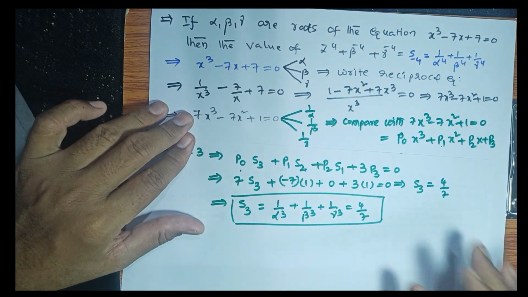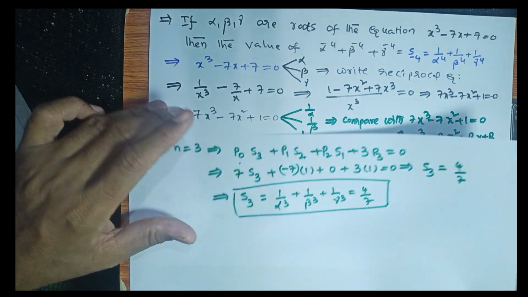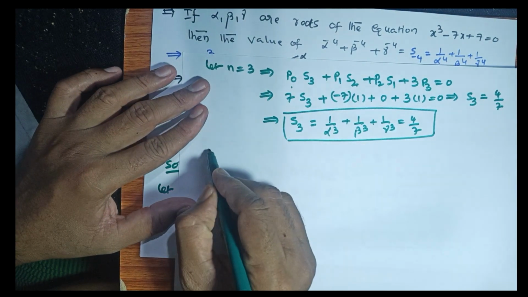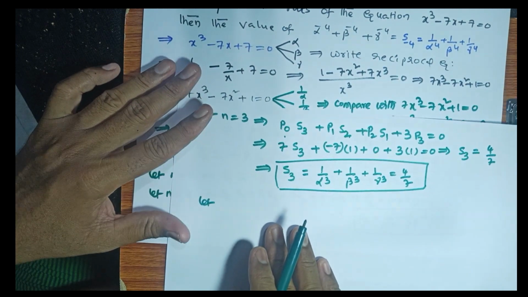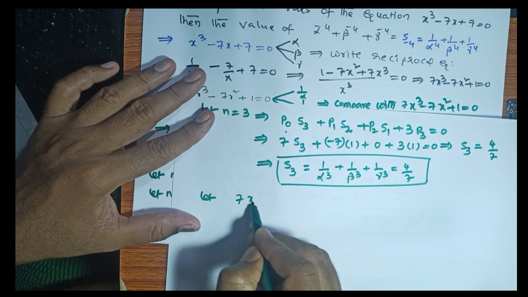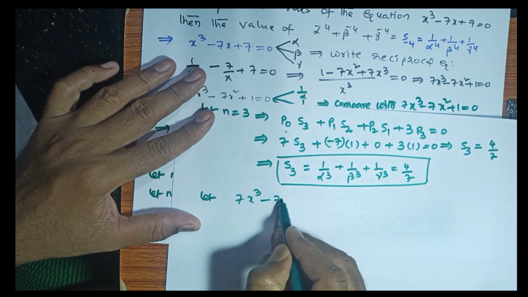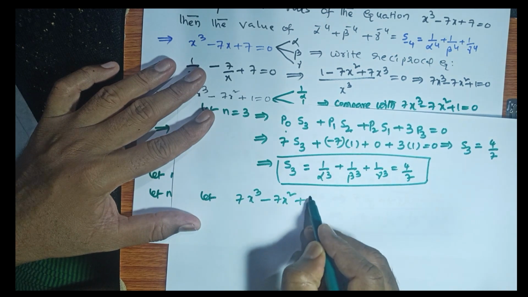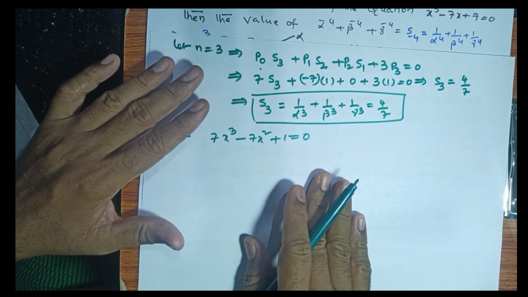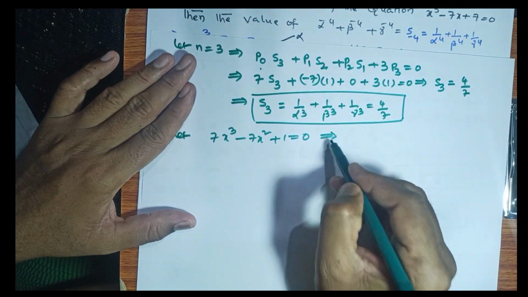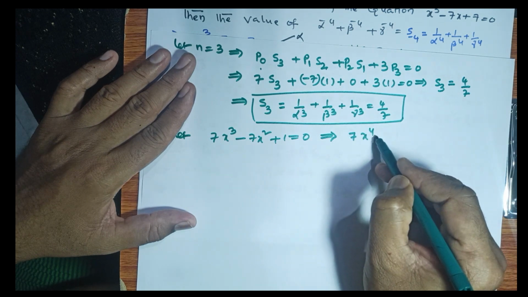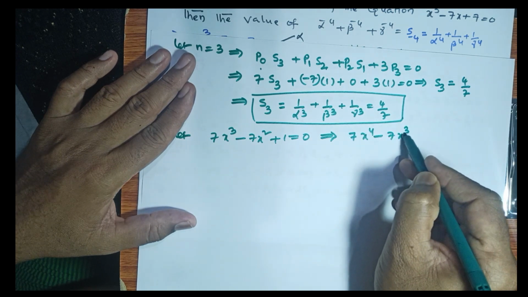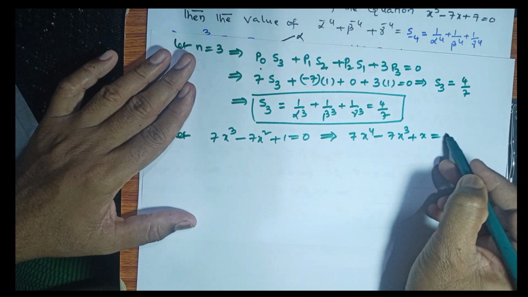So it is 7x power 4 minus 7x cube plus x is equal to 0.